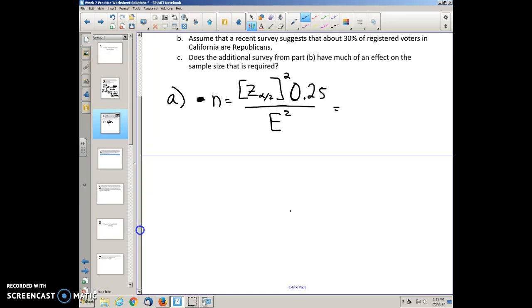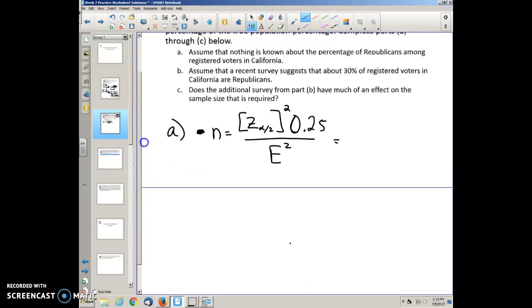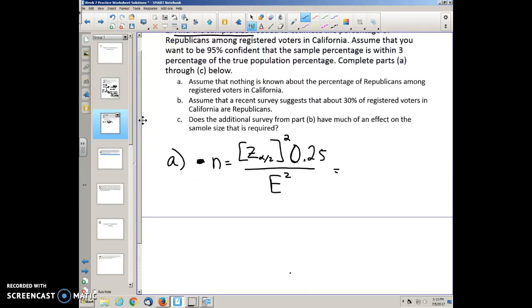Okay, now, we know what E is. E is the margin of error, and it says we want to be within 3 percentage points, so that's E. So 0.03 is E.